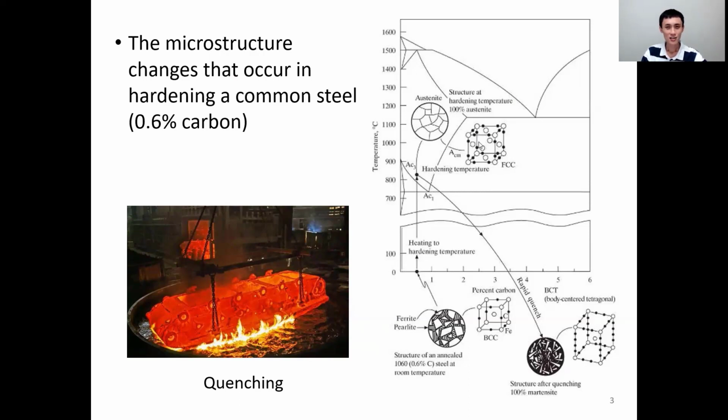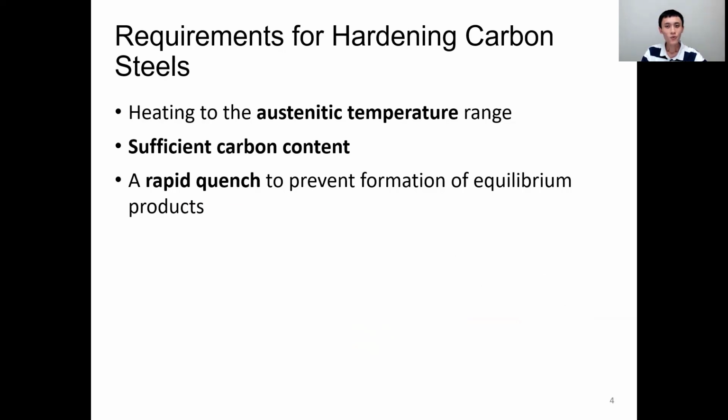Then we suddenly drop the hot red steel into cold media, and finally get martensite, and the structure becomes body-centered tetragonal.